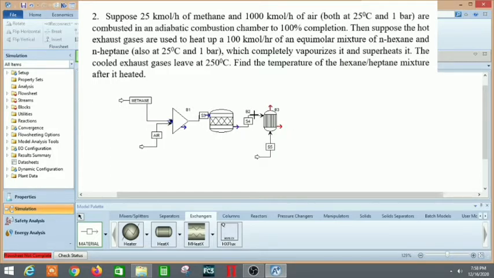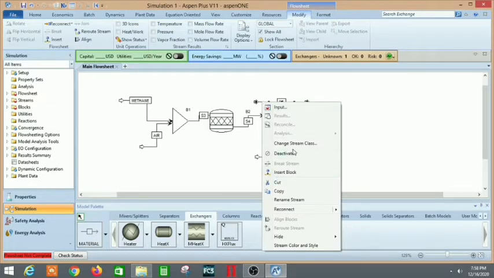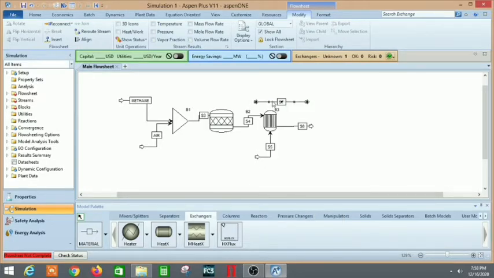The hot stream comes up here, goes through this and cools down to the exhaust gas, and this is the hexane heptane stream. Let me just delete this one. This is the hexane and heptane stream.